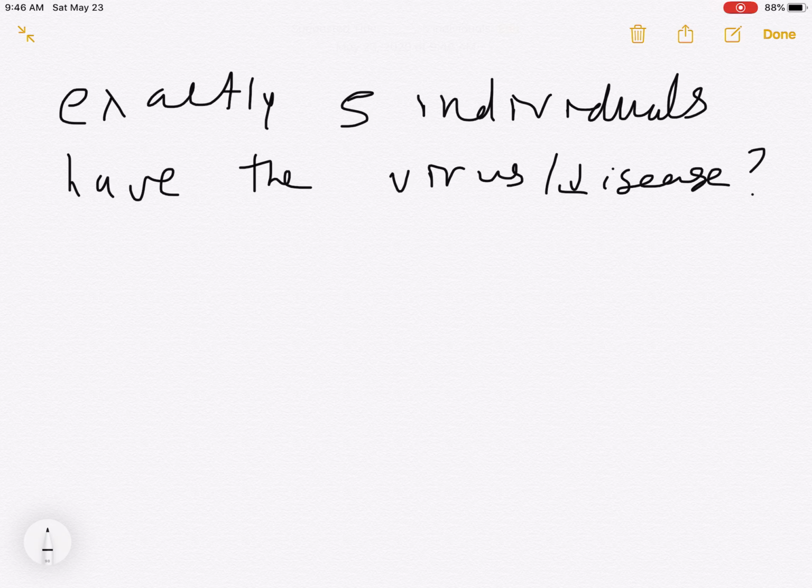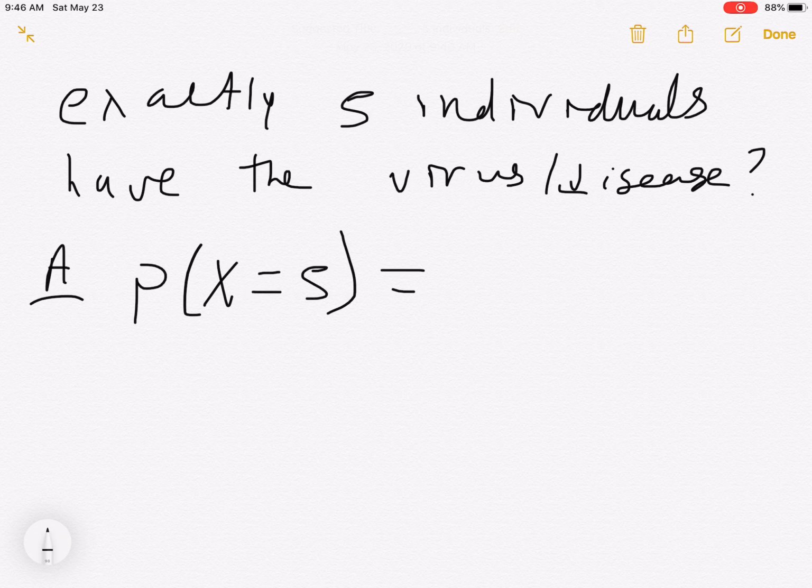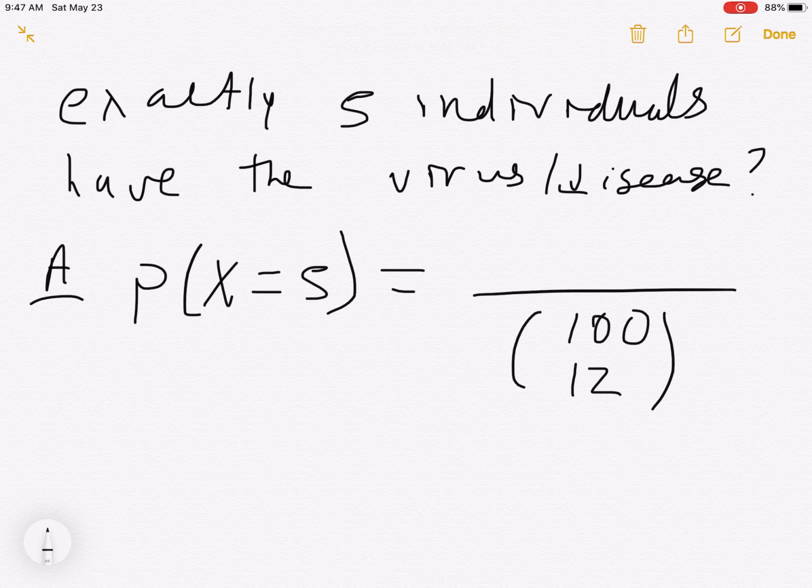Okay. And so we're going to be asked to calculate probability x equals 5. Well, in this population, there's 100 individuals. 12 of them are being sampled. Now, in the numerator, I want 5 successes. So 5 successes out of, well, there's 30 individuals to select from. So 30 choose 5. Now, if there are 5 successes, that means that there needs to be 7 failures, or 7 without the virus.